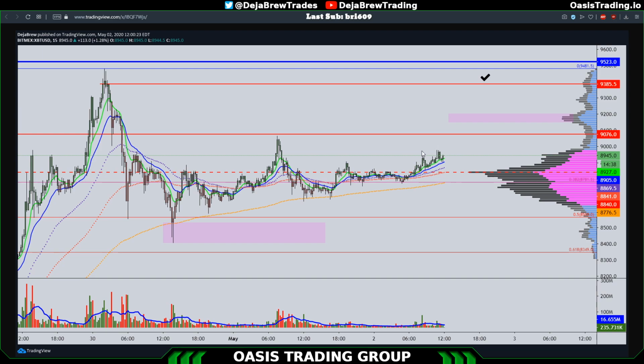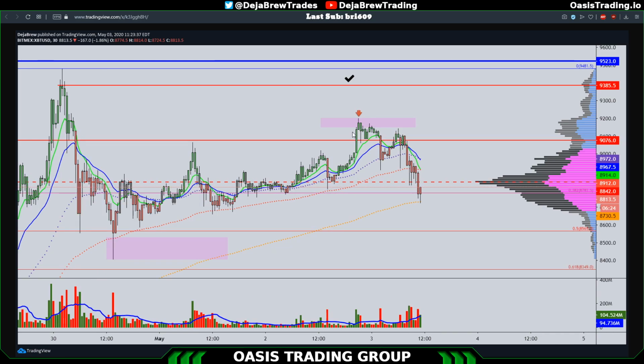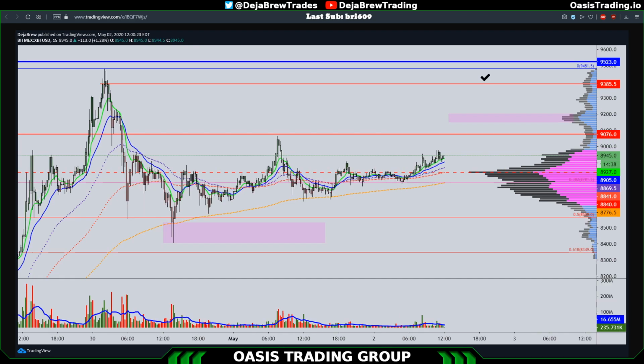I called this out in Discord because it started to break out here. You can see the EMAs start to fan out, you're breaking the POC, and it looked really good on the momentum. This was your final target, and this was the local target. Price popped up into that local target, failed it pretty much perfectly, and then bounced back down into the POC. That's just one more trick you can do with the volume profile.